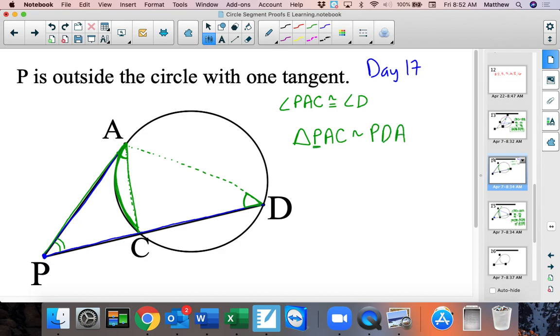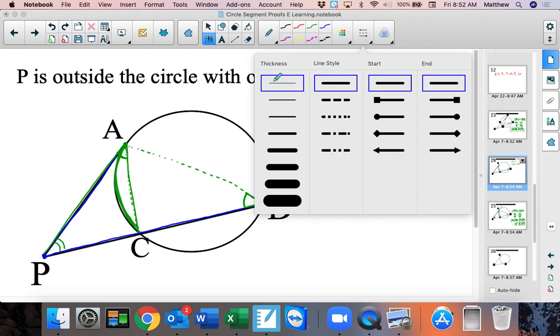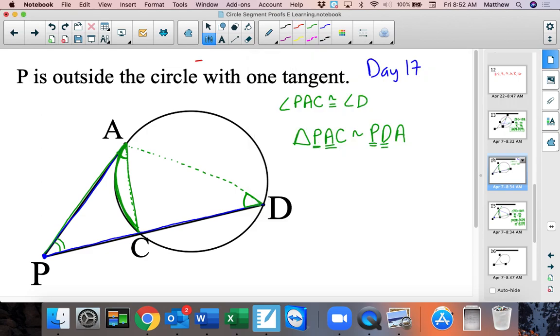P shows up in the same spot. D and A we just talked about above. And then C for the bigger triangle. So notice that there's kind of two triangles going on. We've got PAC. I'll do it in red. So starting at P, going to A and C, this triangle.